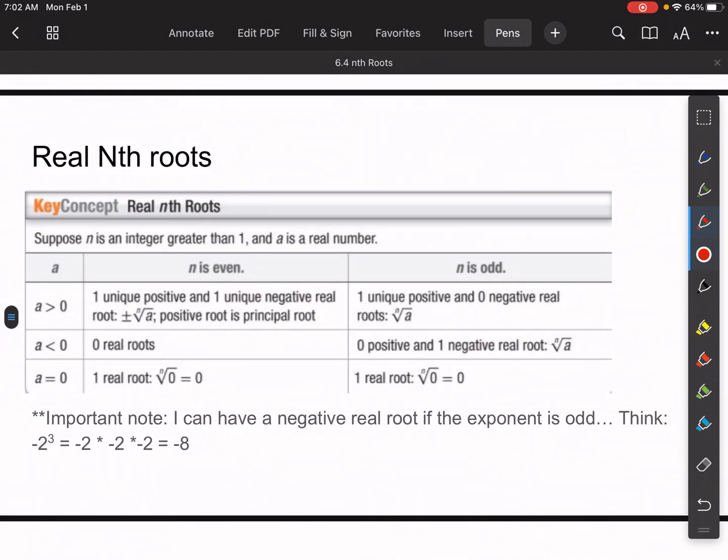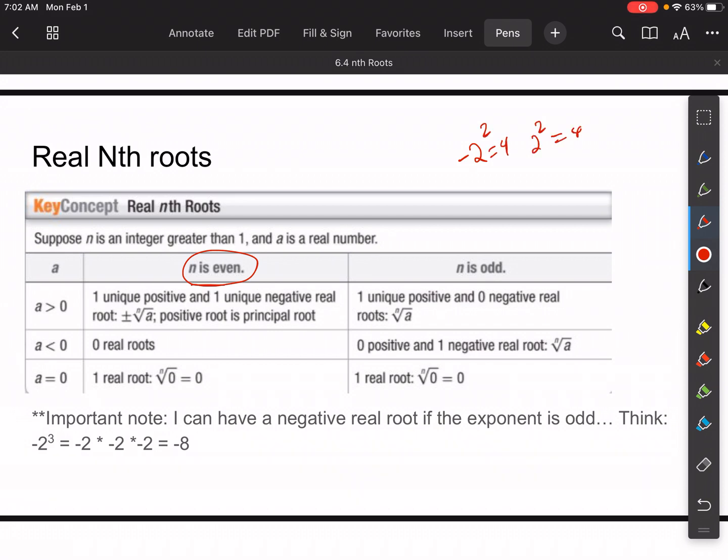Sorry, one more thing here before we get into some examples. Real nth roots. Okay, so suppose n is an integer greater than 1 and a is a real number. If a is greater than 0 and n is even, when we're looking at even nth roots, there's one unique positive, one unique negative real root, right? So whenever it's even, we have the possibility of like negative 2 squared and 2 squared both equaling 4.